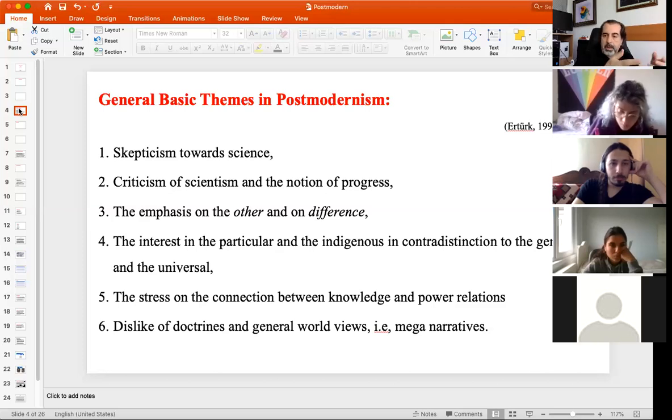In Kuhn, for example, the idea of paradigm is based upon the ideas or visions of the scientific community, right? The scientists usually define what is the truth.